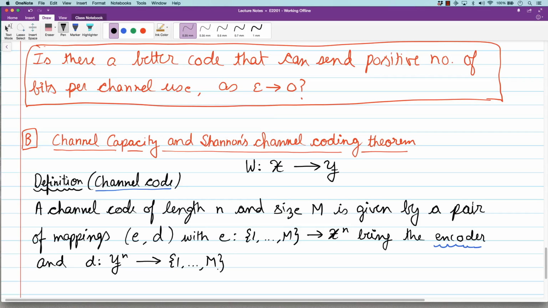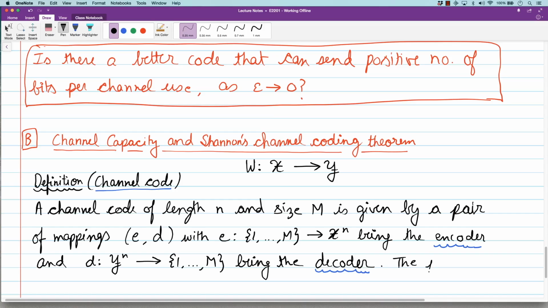Sometimes we also allow an additional bot symbol here when we want the decoder to also detect an error, but we are not allowing that in our formulation. This is the decoder. So these are the two mappings which define a code.